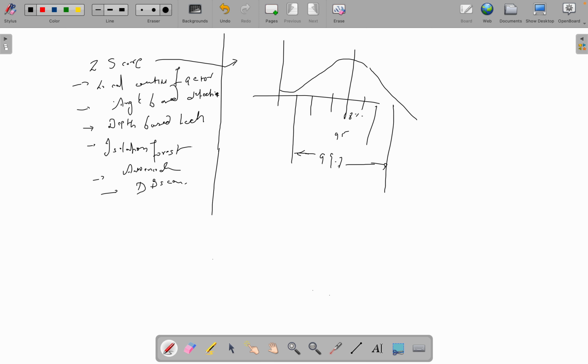So anything that comes after 3 standard deviations, we will take it as an outlier.